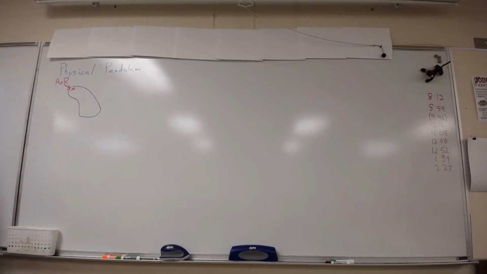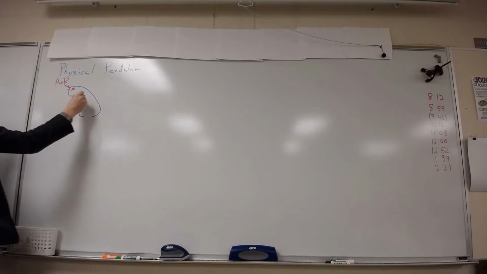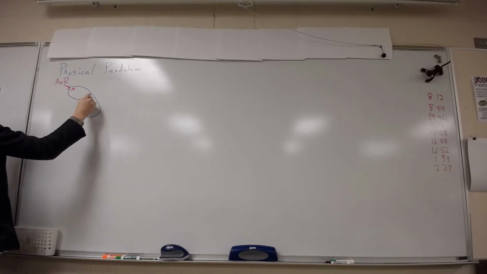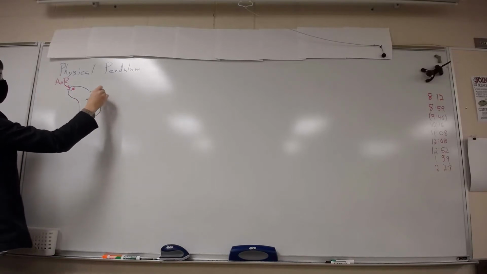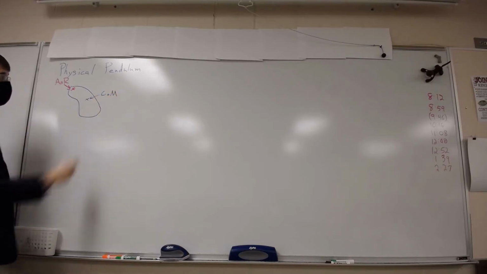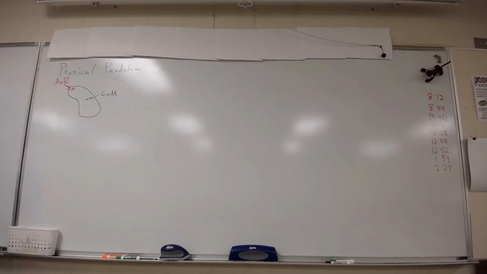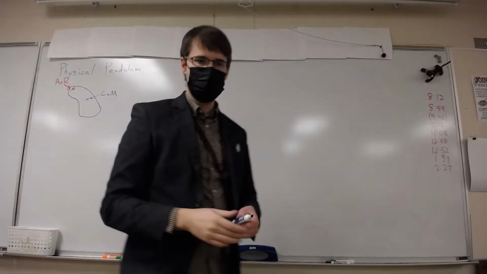So it's rotating about that point right there. And what we need to know as well is, where's the center of mass of this object? So let's just say that the center of mass is going to be there. Questions about this so far, the setup of this situation?